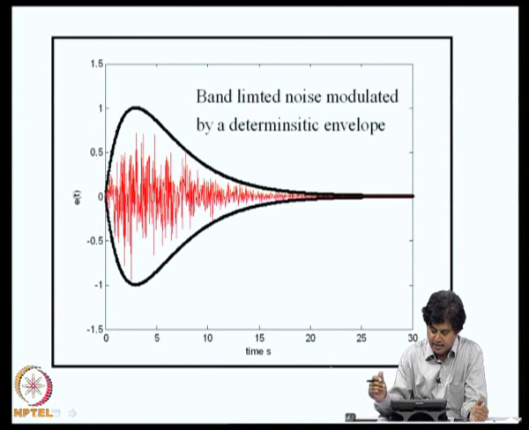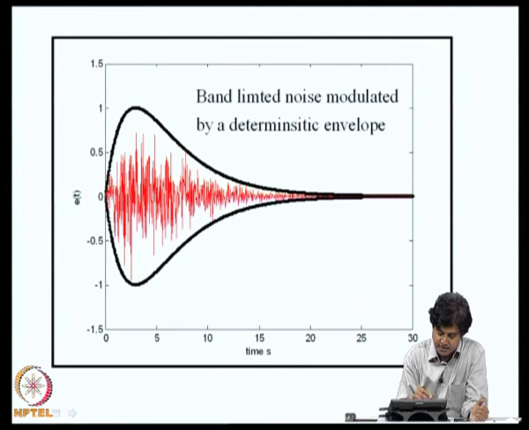This is a notional representation of the excitation process. This black thick line is the E of t and this is the random excitation.